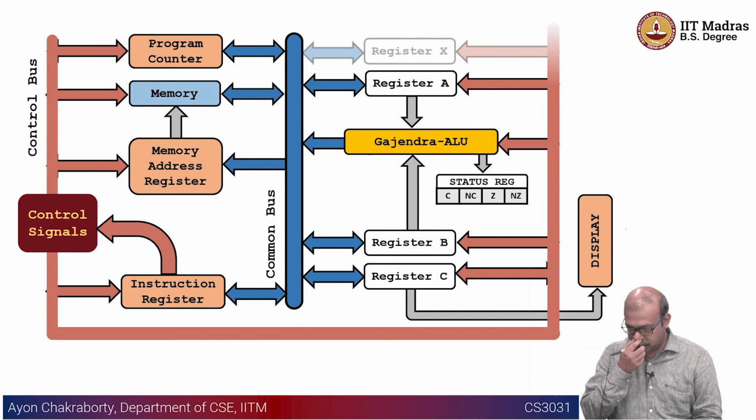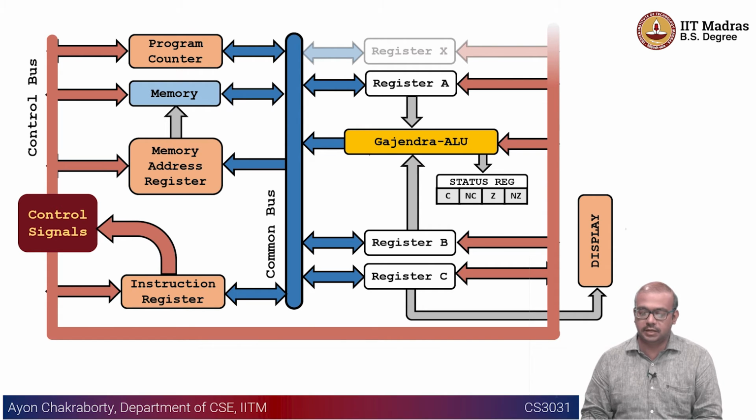Okay. So in the last lecture, we have looked into the overall architecture that we are going to design as a part of this course, which is the Gajendra 1 architecture.